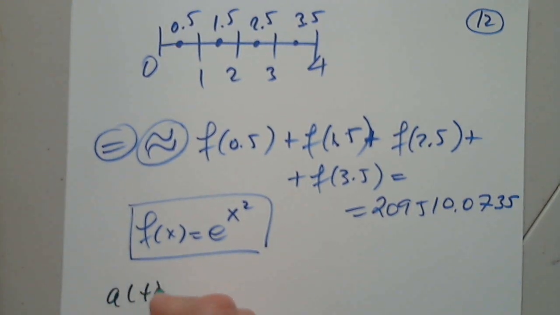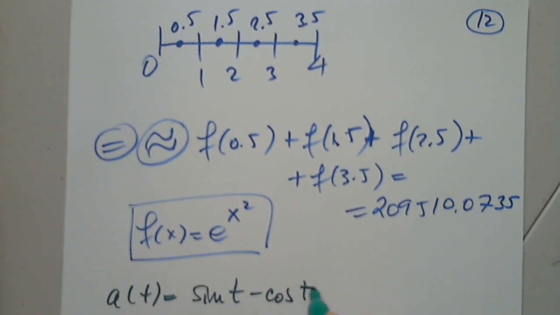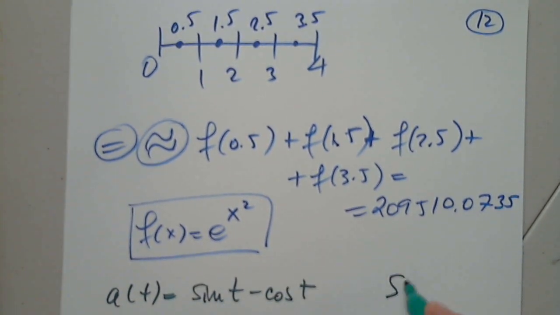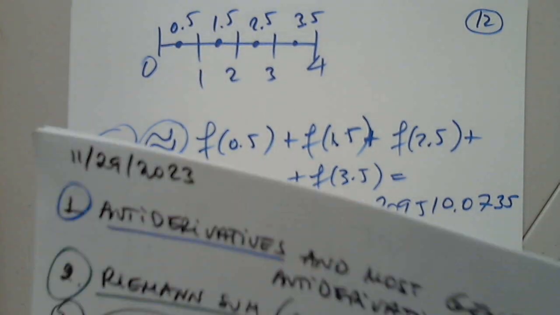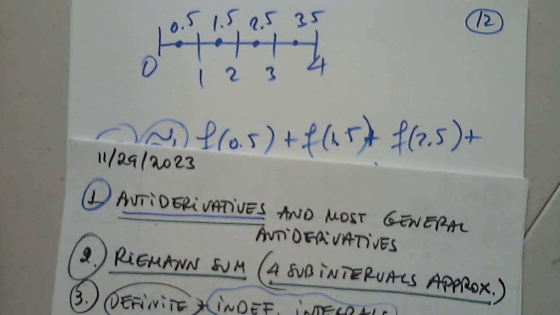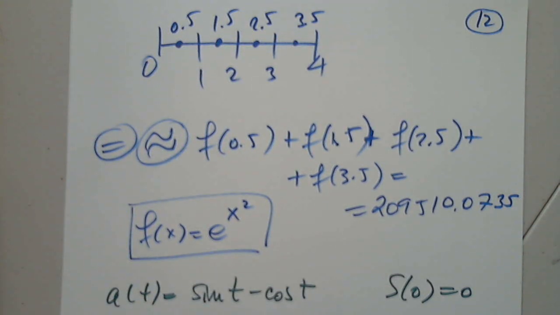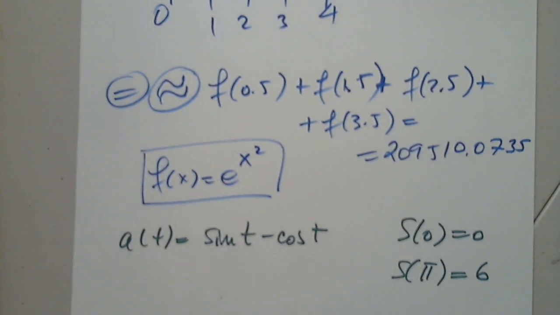We are given a of t equals sine t minus cosine t. We are told s of 0 is 0, and s of pi is 6. They're asking us to find the distance function.